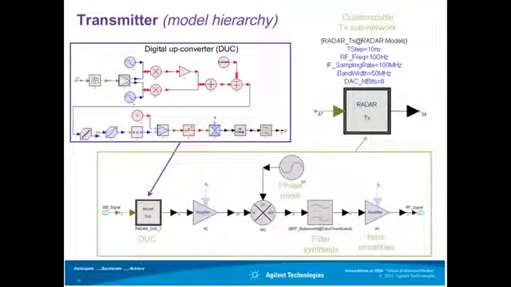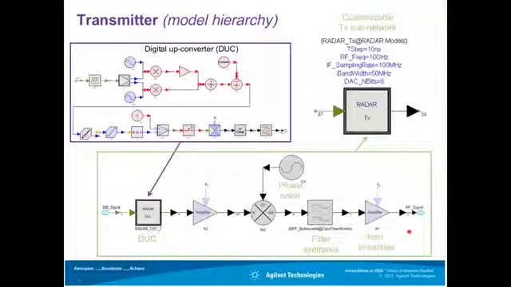Another key model is the radar transmitter. In SystemVue, we have a radar transmitter here. If you want to know the detailed structure, you can push into it to look at the second-level structure.